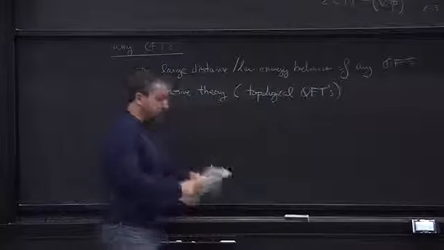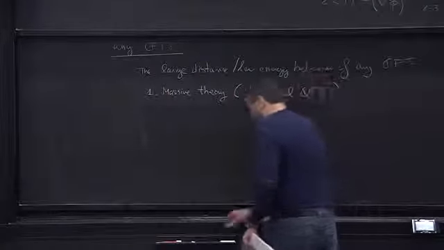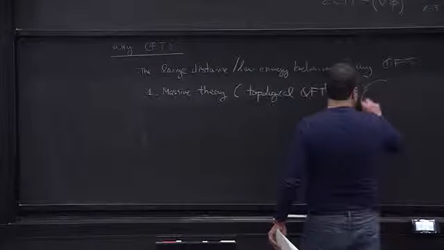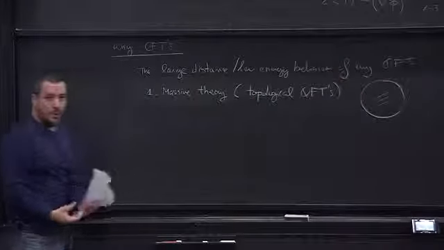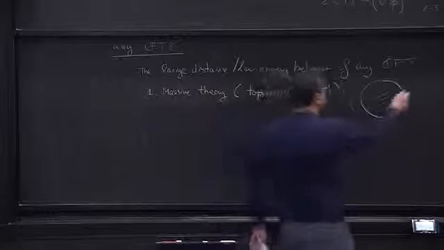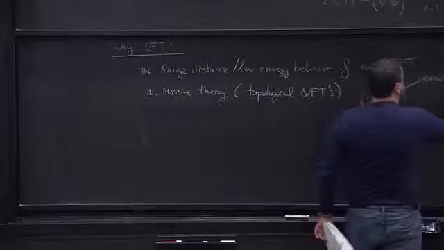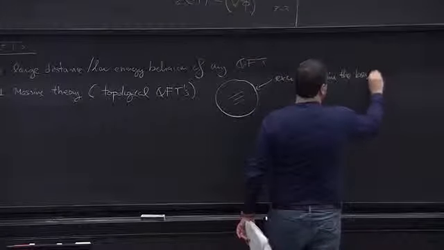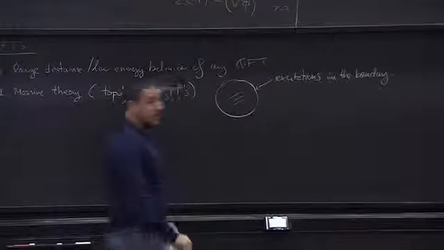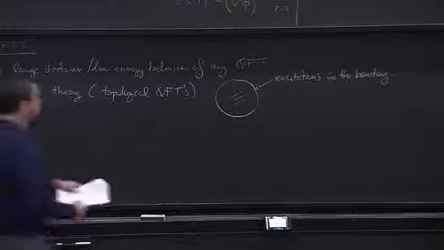Even though the bulk has no local excitation, if the system has a boundary, you can get interesting excitations at the boundary. If you're taking a condensed matter course, you should hopefully be hearing about this. But the bulk is completely gapped and uninteresting from some point of view, while it has interesting features at the boundary.